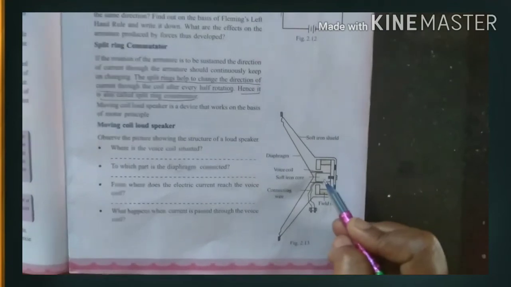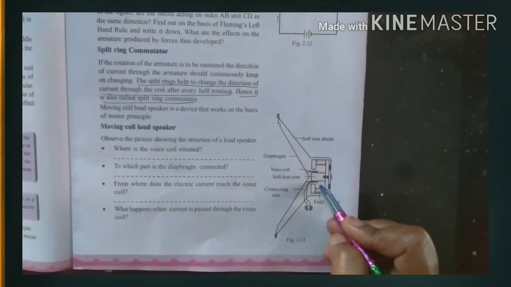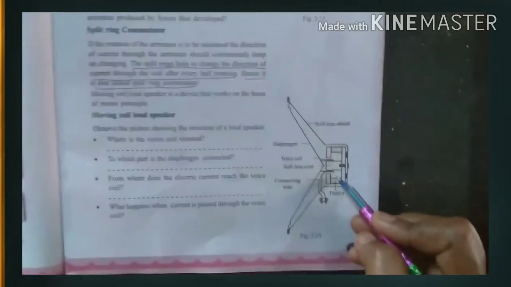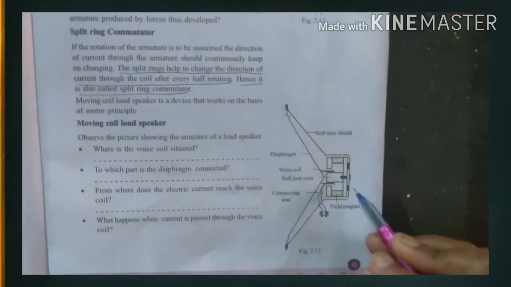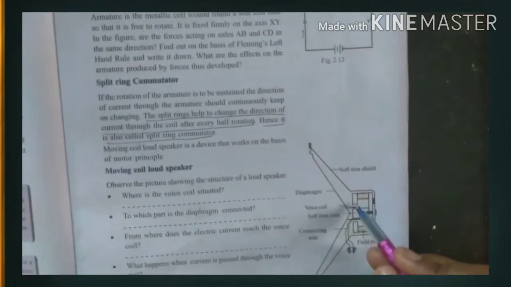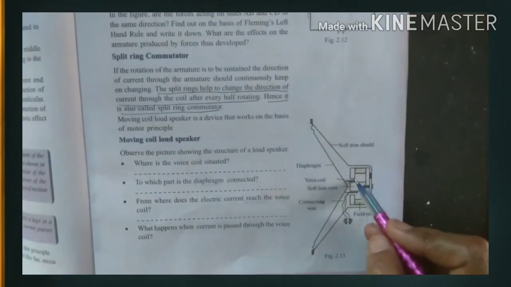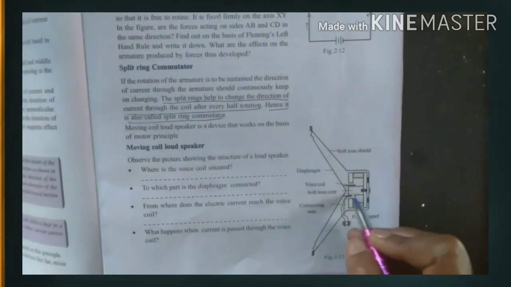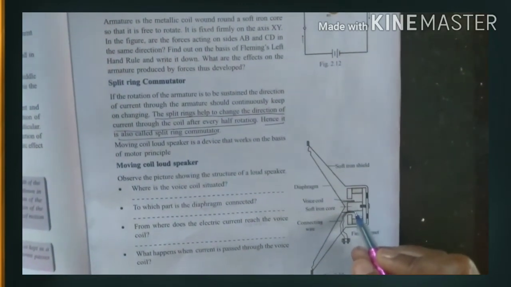What happens? The voice coil is in the form of a solenoid. So when electrical energy falls into that solenoid, it becomes a magnet. But that solenoid is kept in between the poles of the field magnet. So there are two magnets acting here, and by the motor principle, what happens? The voice coil experiences a force.